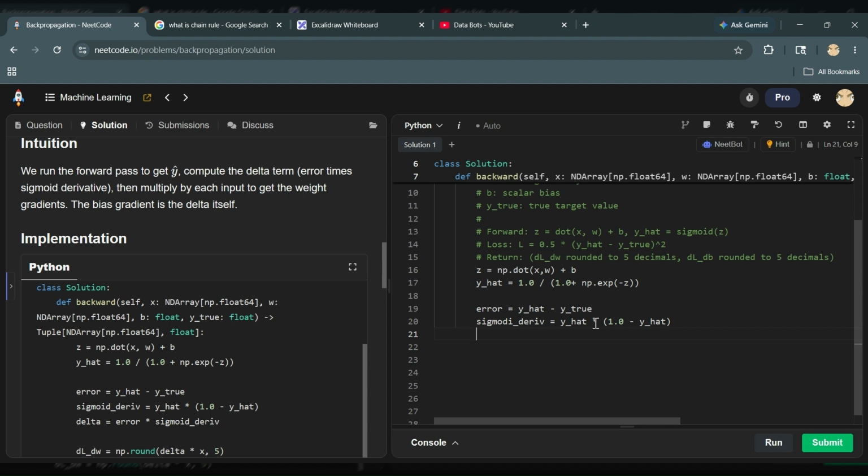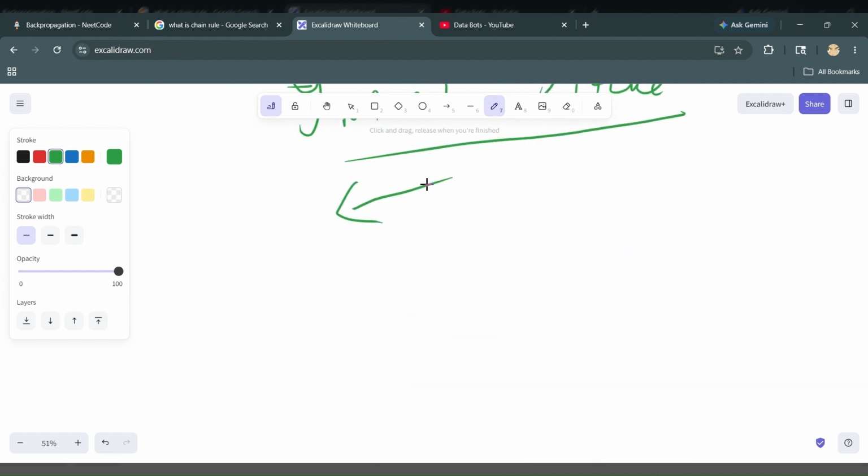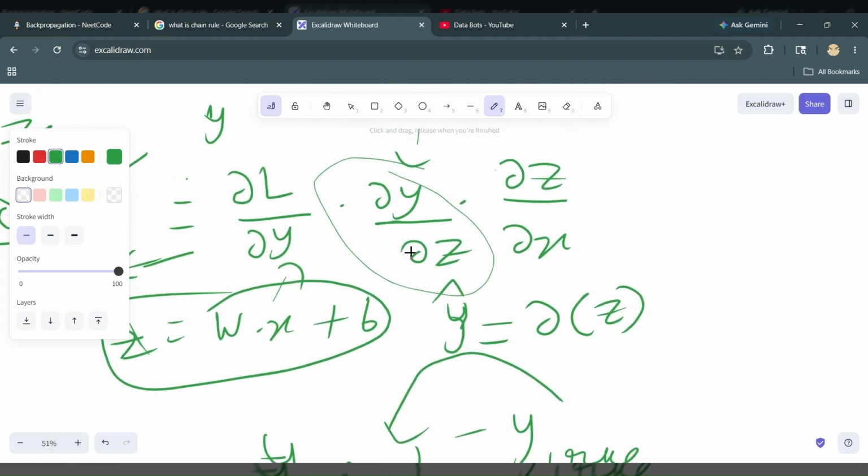So next up we'll find the delta, that will be error times the sigmoid derivative. So basically, how the math here works isn't similar to the one we do in notes. So we have seen this formula, right? dL by dz. So basically what we'll do is compute the first thing here.